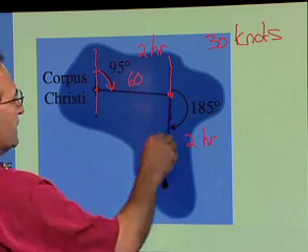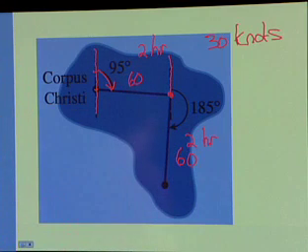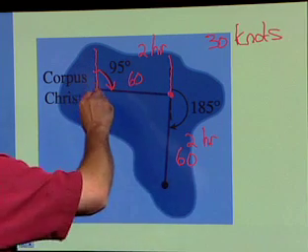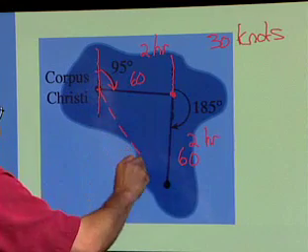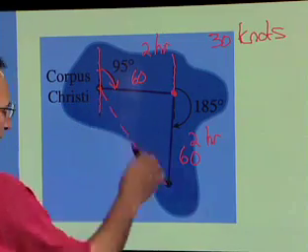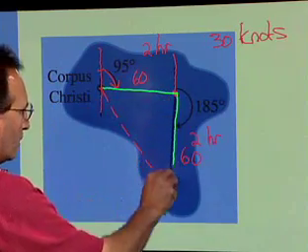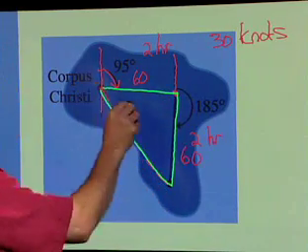And we can say that this side will also be 60 nautical miles. Well, what we're interested in finding then is this distance, which I'm going to do as a red dotted line. Well, that's obviously a triangle, which I will outline now in green, where we know the two sides.